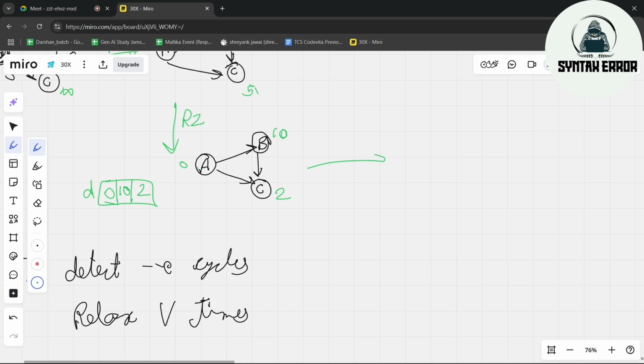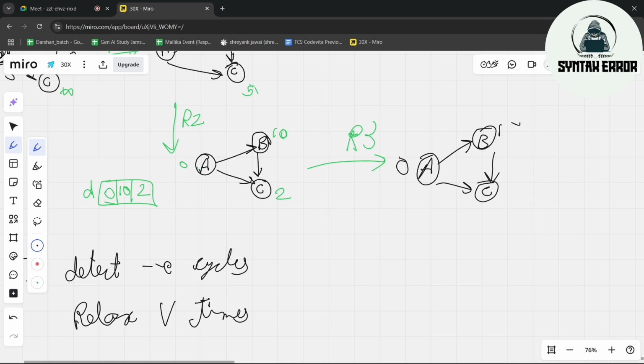If we relax it one more time, for A, B and C, 0 will remain 0 itself, 10 will remain 10 itself, 2 will remain 2 itself, because there are no more paths.